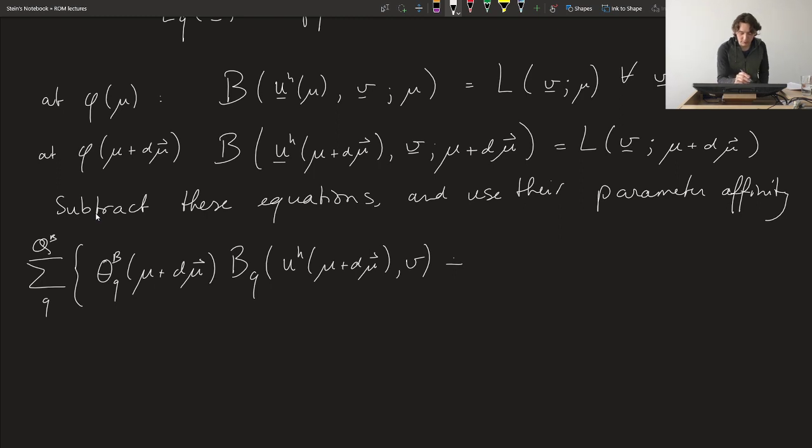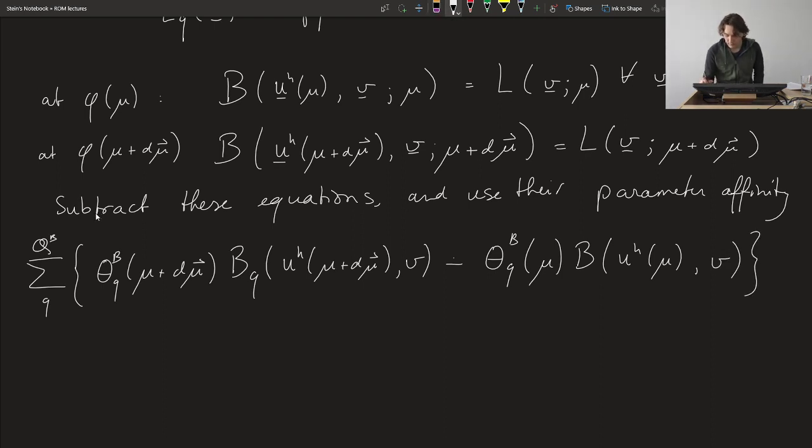Subtract from that, well, the first line, that is theta^{b_q} at mu, and b_q at u_h at mu, comma v. So that is the subtraction on the left hand side.